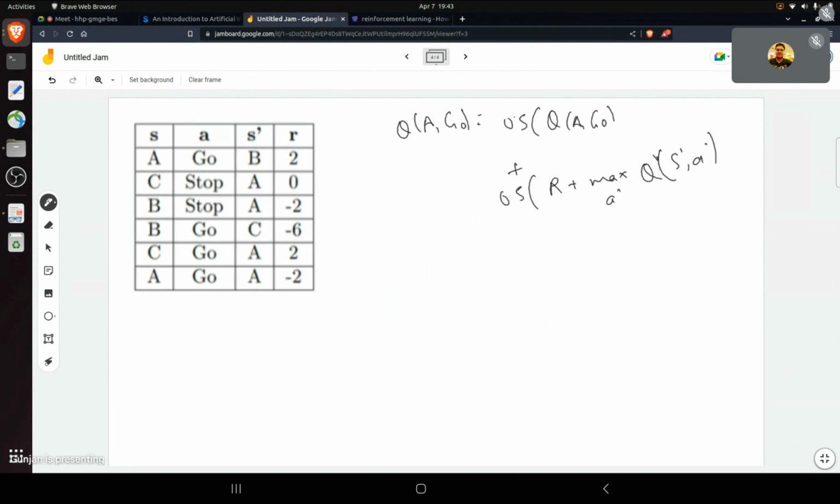Now from A go, we go to B, so our s' is B, and all the Q values of B are 0, so we have this as 0.5 times 0 plus 0.5 times reward, that is 2. So max value is not needed because we are only taking one action.